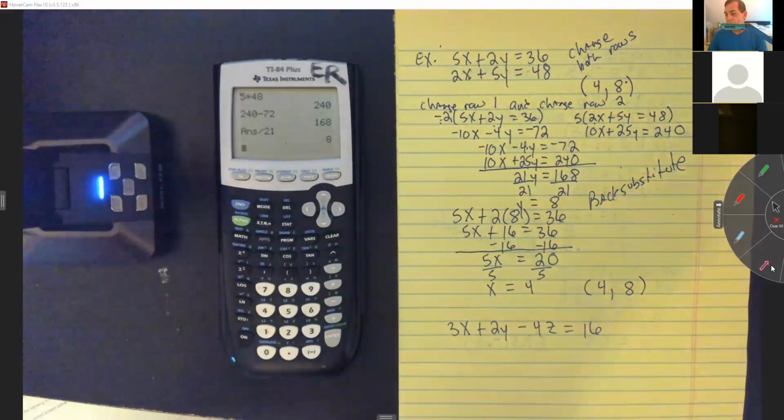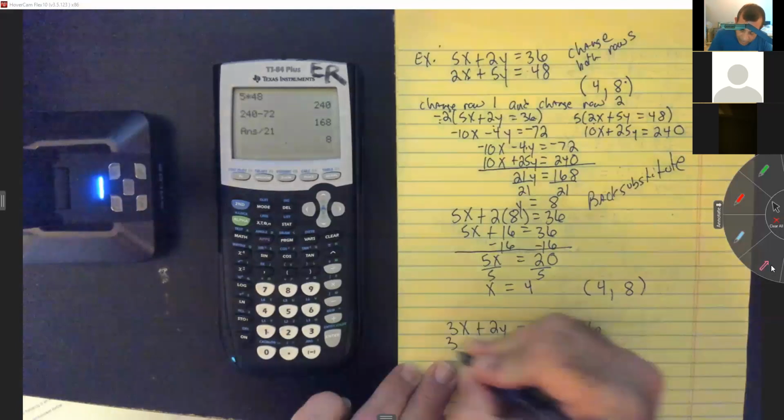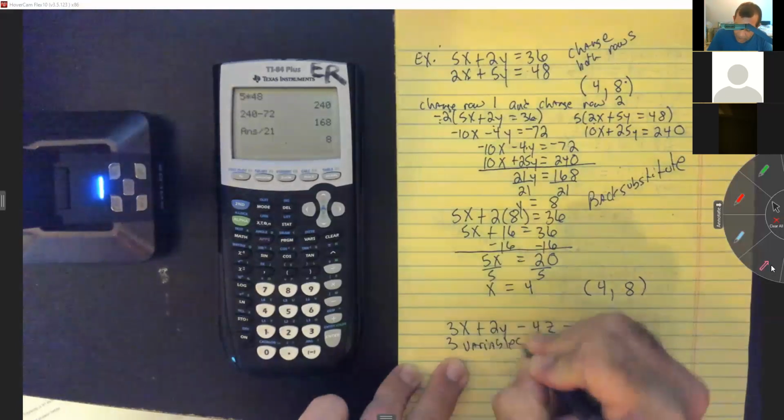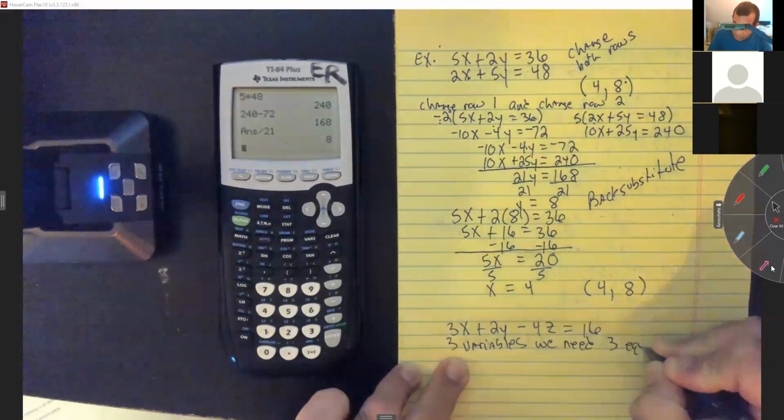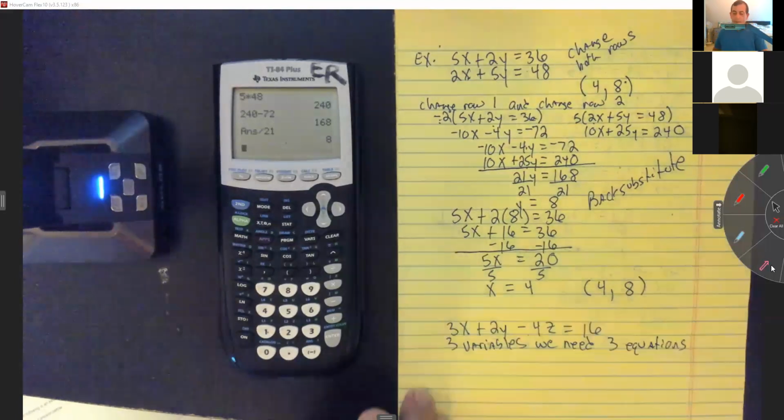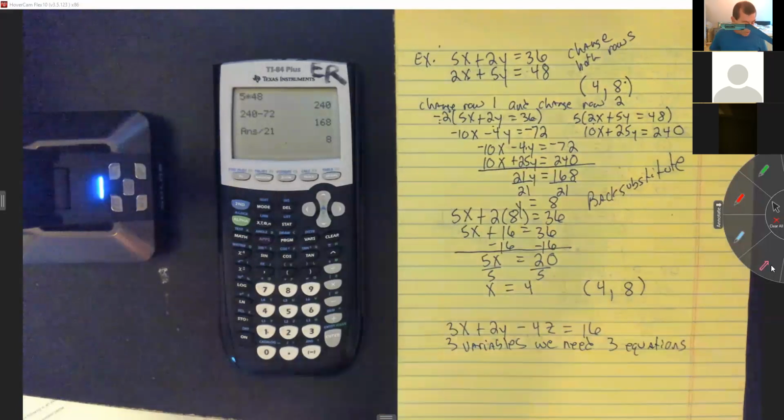When you got 3 variables, you need 3 equations. So 3 variables, we need 3 equations. Okay, so let me write one up and show you what we'll do to this.